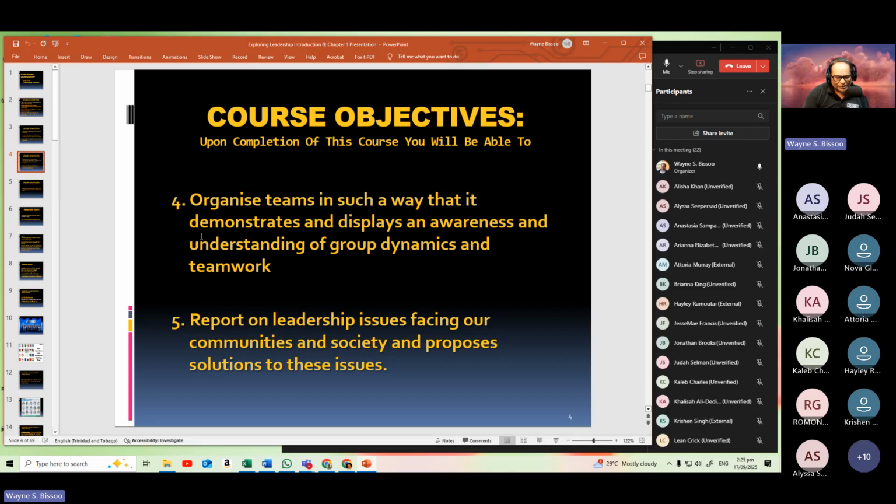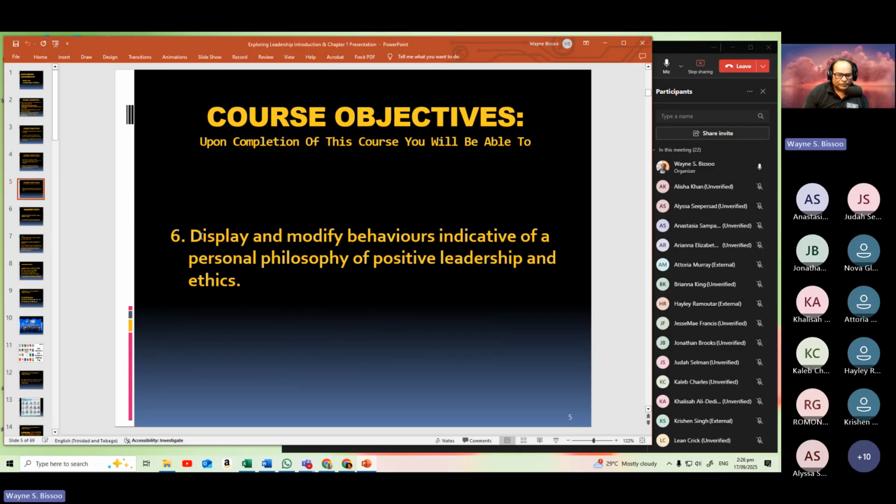There's a chapter on teams and groups that we're going to be trying to do some work there. But in the class itself, we're going to engage in team building exercises from small teams to larger teams to be able to give you the opportunity to put into practice the theory and develop your understanding of teams and teamwork. And of course, we're going to be looking at a lot of the issues that face current leadership issues.